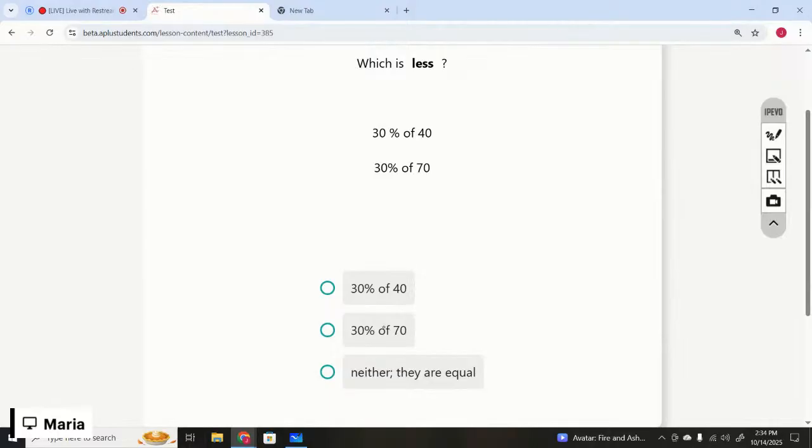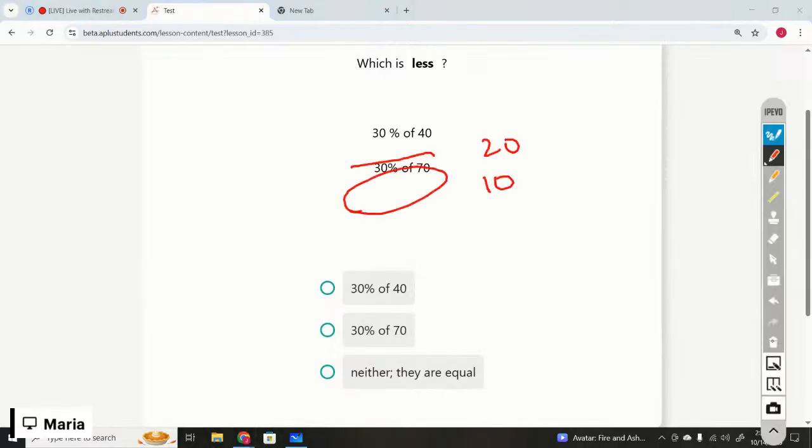Which is less, 30% of 40 or 30% of 70? So 30% of 40 is 12 and 30% of 70 is 21. So which is less?